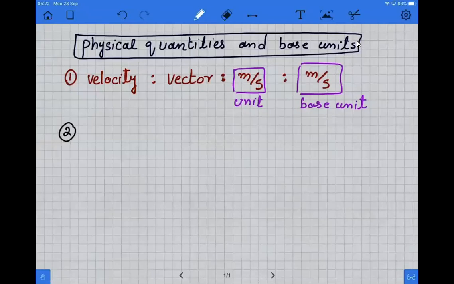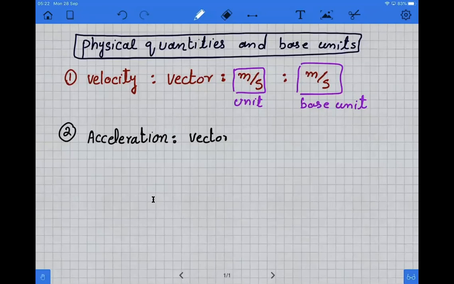The second quantity is acceleration. Acceleration is also a vector.